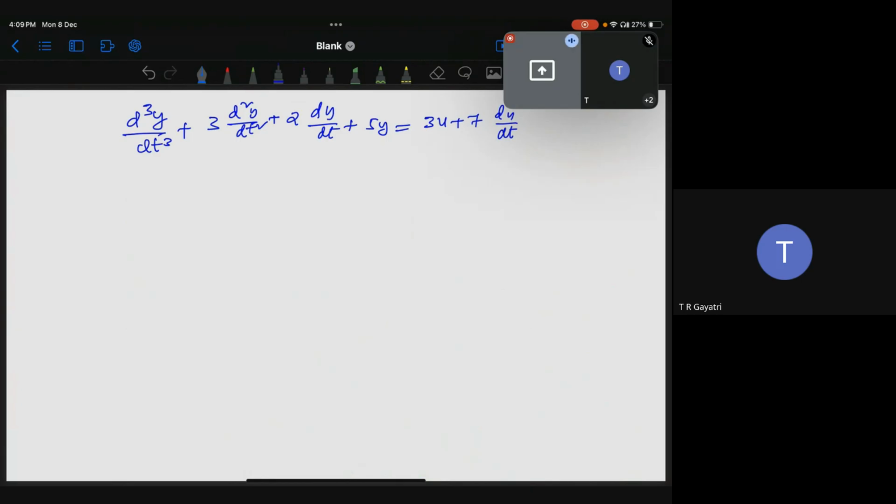Let's bring this one to this side. So we have d cube y by dt cube minus 7 du by dt equals minus 3 d square y by dt square minus 2 dy by dt minus 5y plus 3u. Is this clear?